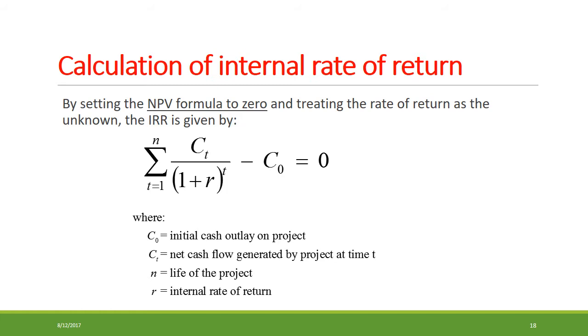In terms of calculating the IRR, we know that the IRR is the rate at which the present value of the future cash flows equals the initial cost. So the IRR is the rate at which our net present value is equal to 0. How do I work out that rate?